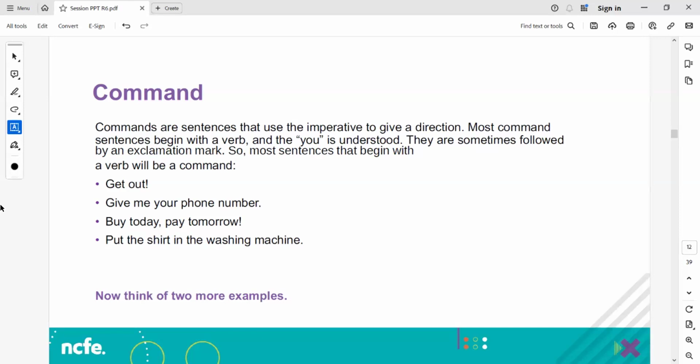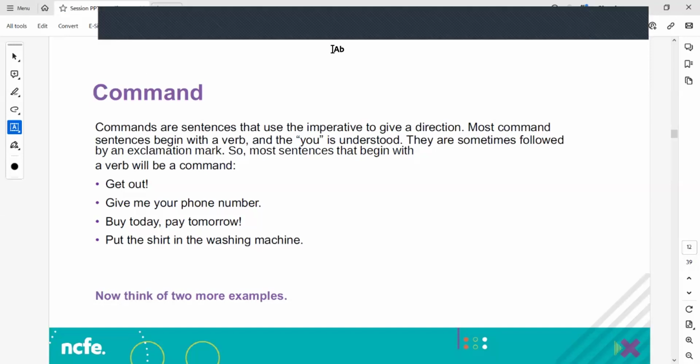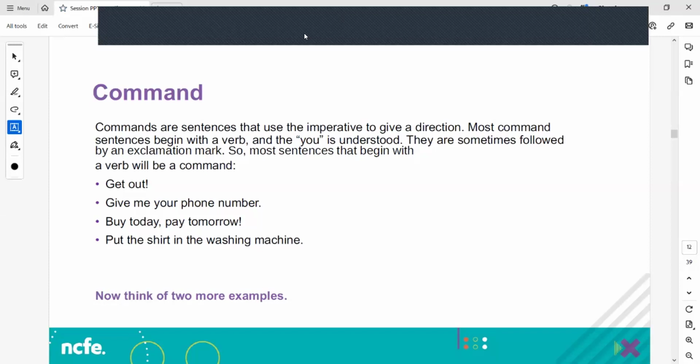Okay, you can see all of those start with a verb. Pardon? I'm sorry, I couldn't hear that one. Any examples?